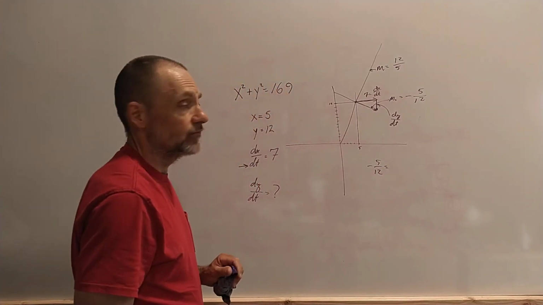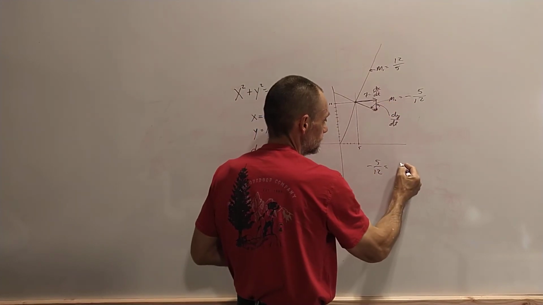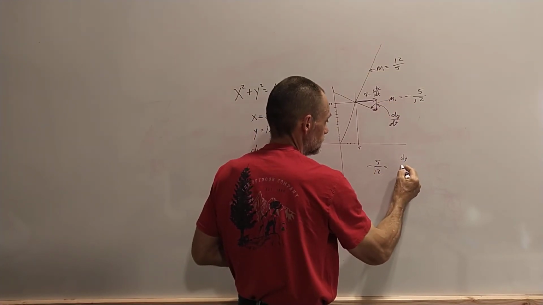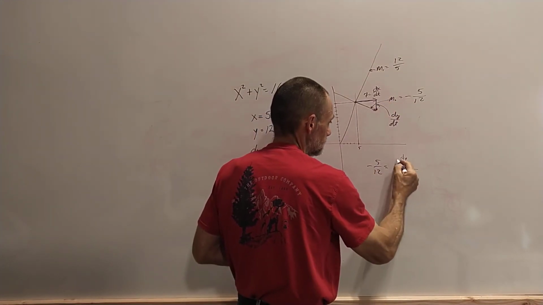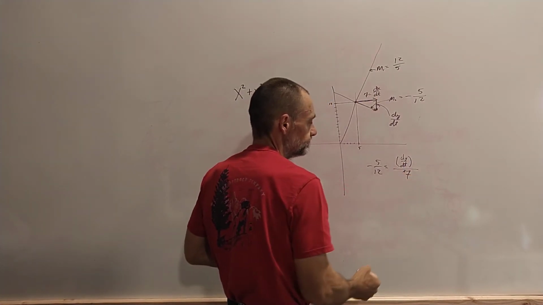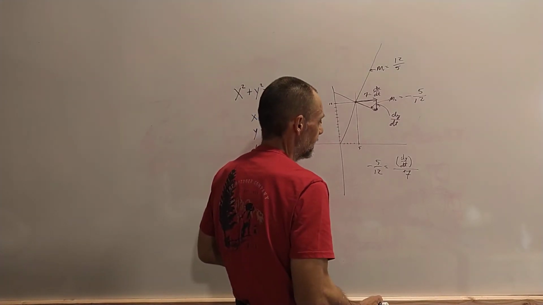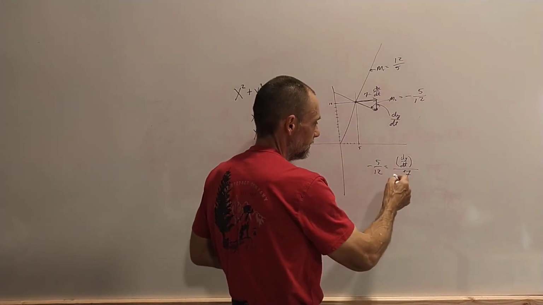Now we know that the slope of this line is equal to rise over run, and this is the rise, and this is the run. You have two fractions that are equal to each other, so you can actually cross multiply.